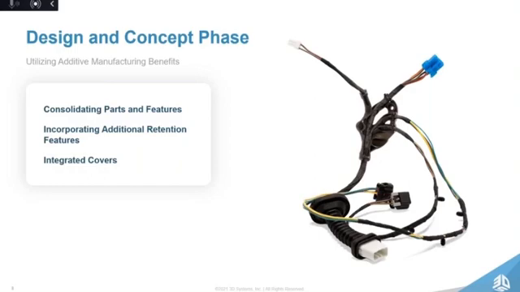The simple case we're demonstrating here gives us the ability to highlight some of the abilities of additive manufacturing in retention parts. This example is a retention device for an automotive door wiring harness. The part is relatively simple in its design, but it's fairly feature rich in terms of application and function.